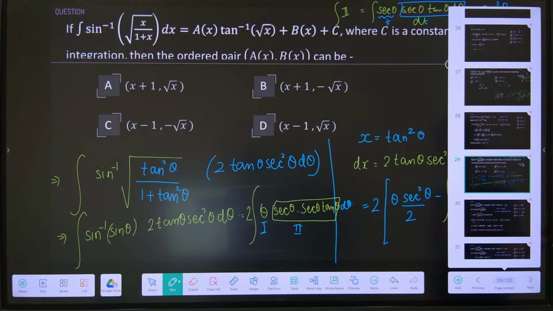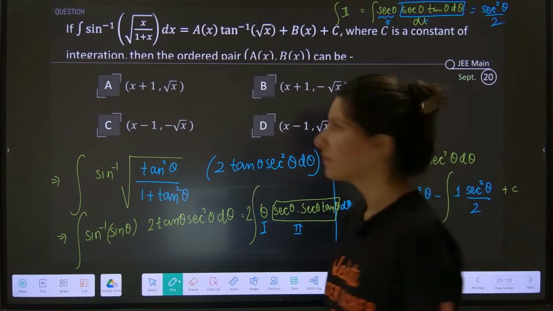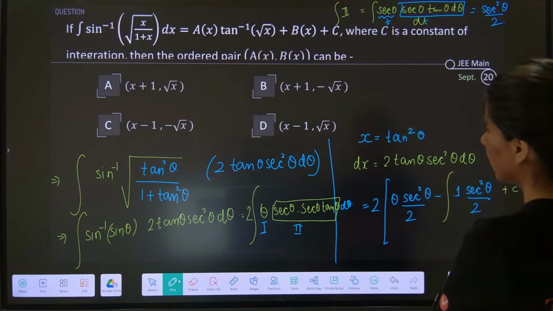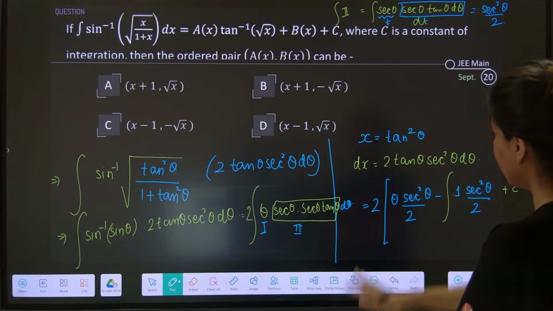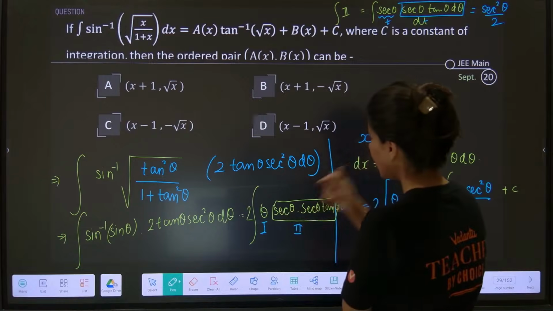Yes or no? Am I doing anything wrong? Okay, this is correct.